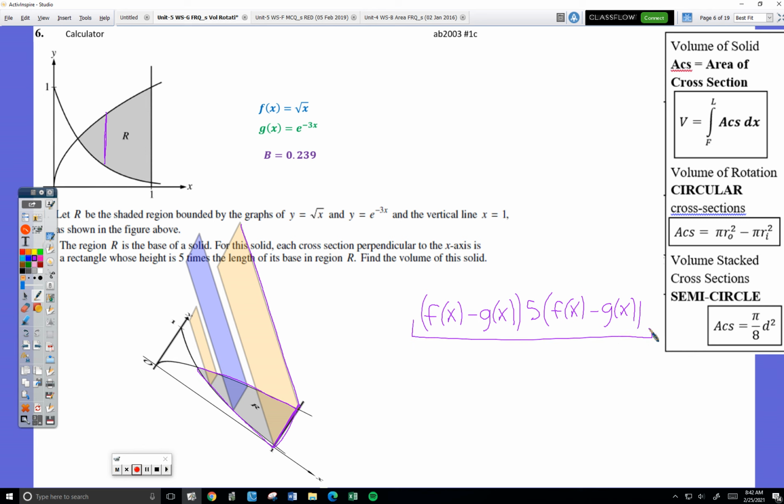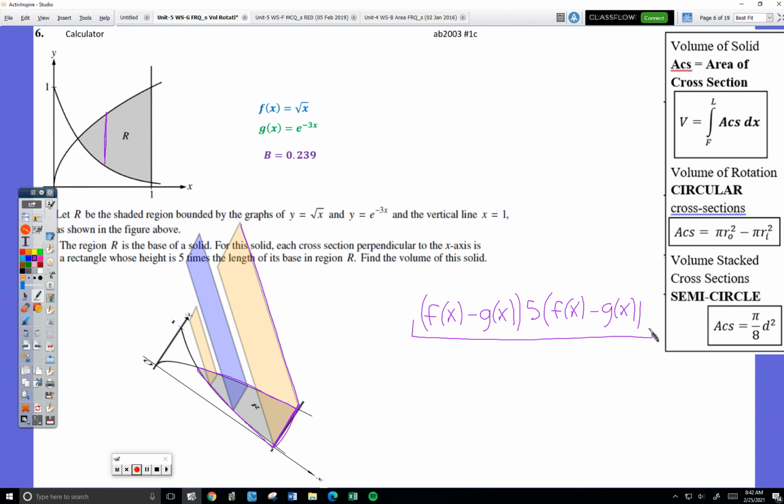Hands up. What's that calculating? Come on. Looking for a few more. Let's go, Miles. The area of the rectangle. Perfect. It's the area of one slice. X represents which slice? How many knew it? 2 points.